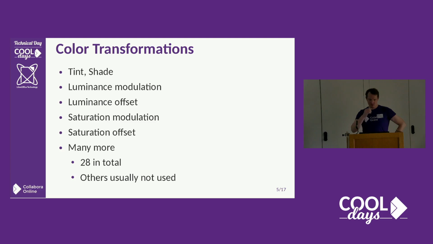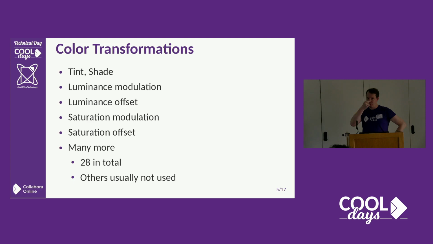So if you select accent color 1, you can additionally change the colors with a transformation, and there are a lot of transformations that can be applied. I think 28, I counted 28 of them, but they are more, let's say, duplicated.